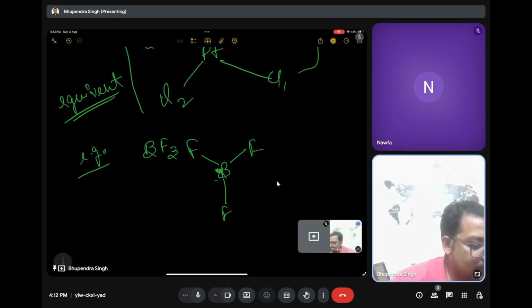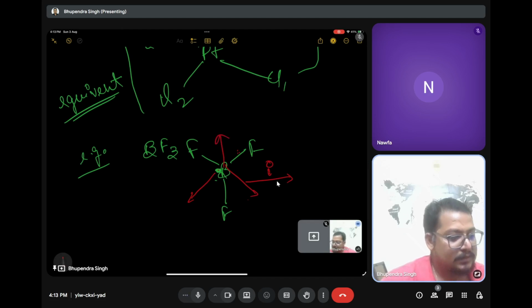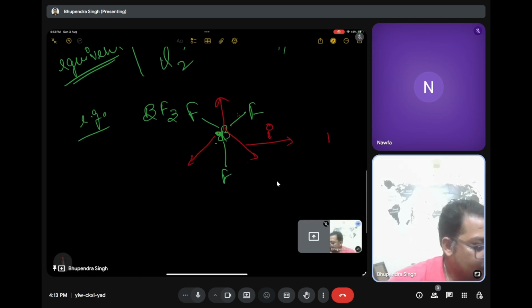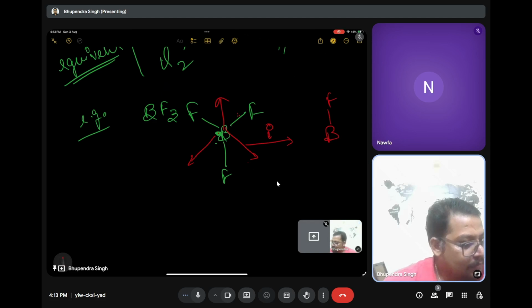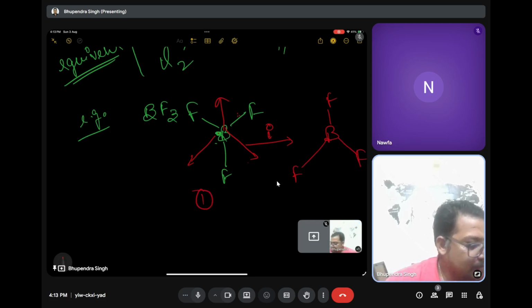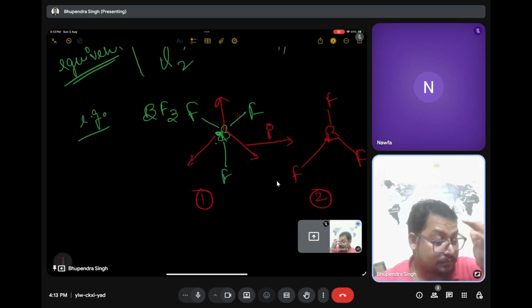After applying this symmetry element, inversion center, this F will go this side, this will go this side, this will go this side. So how will it look? It will look like B, F, and F, and F. Now tell me, are the first one and second one equivalent structures?